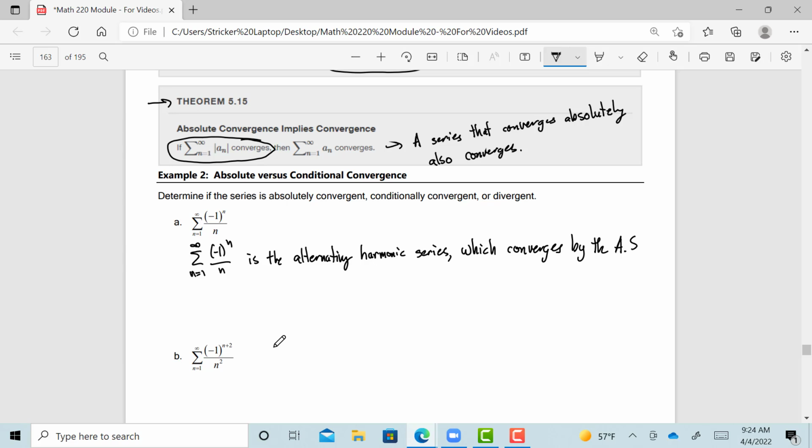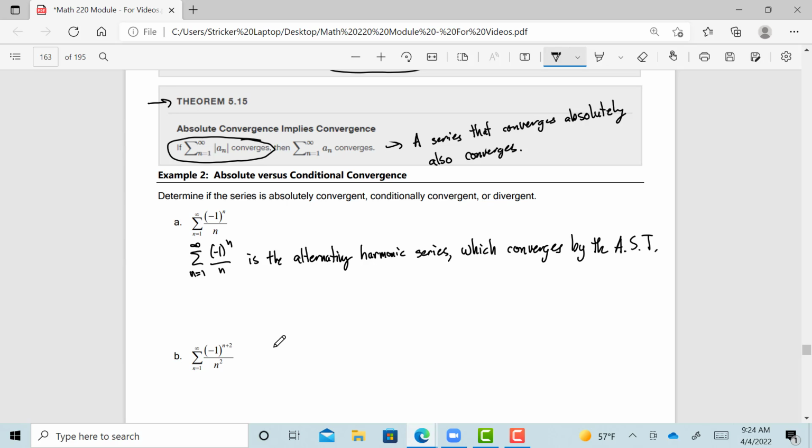We already showed that that was the case, so we don't need to do that again. We can just state it now since we proved that. So the series itself converges. Well, what about, does it have absolute convergence?